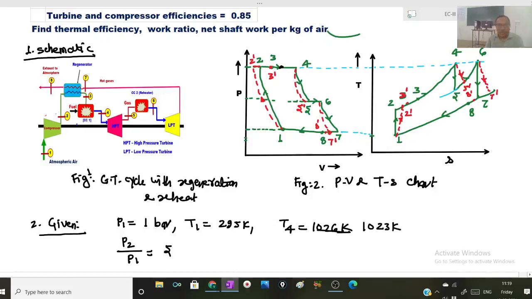Then we have been given the effectiveness of the regenerator, 0.7. Then isentropic efficiency of turbine and compressors are given as 0.85. Then we have also been given this relationship between intermediate pressure, Pi over P1 equals P2 over Pi.